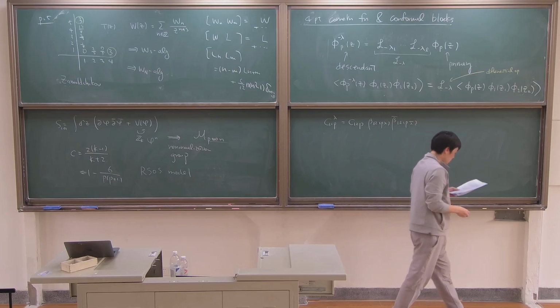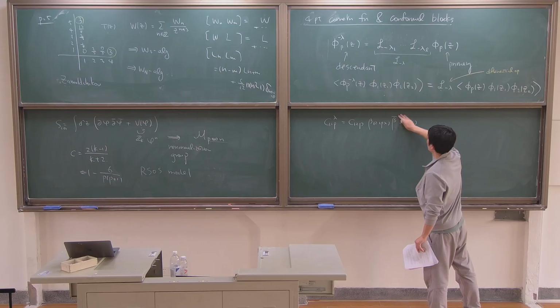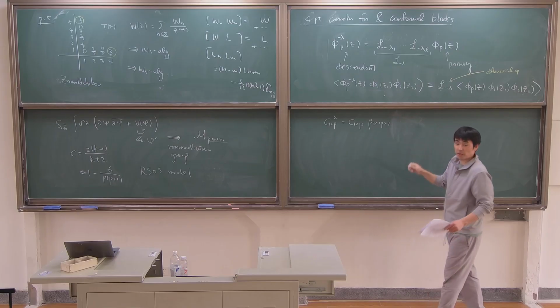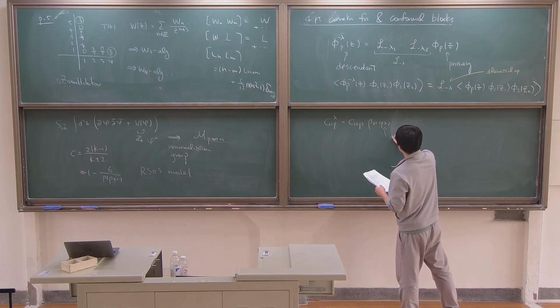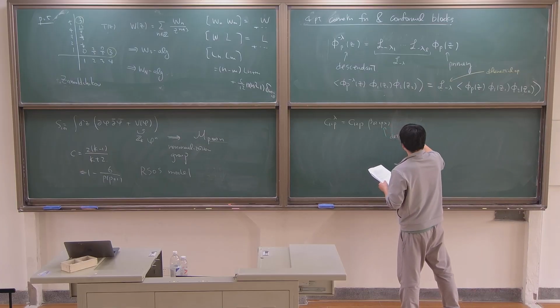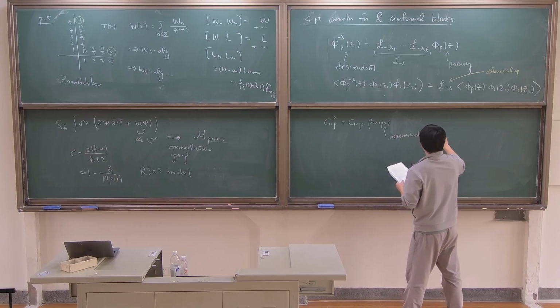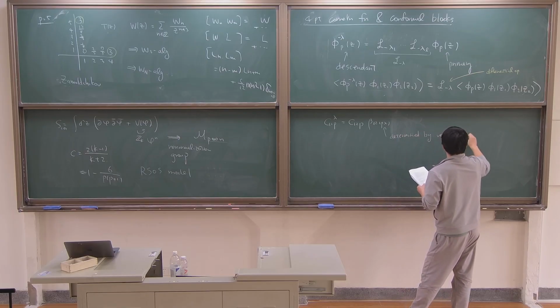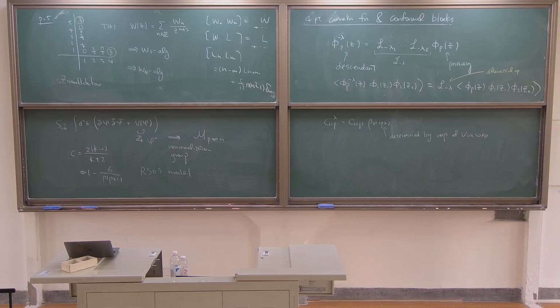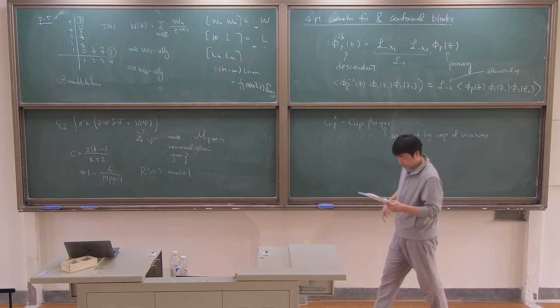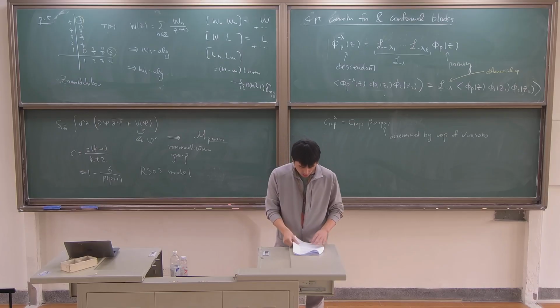Okay, like this. If you consider the holomorphic part, it becomes like this. And this one is completely determined by the representation of the algebra. So this will determine the Virasoro algebra, which I will explain from now.